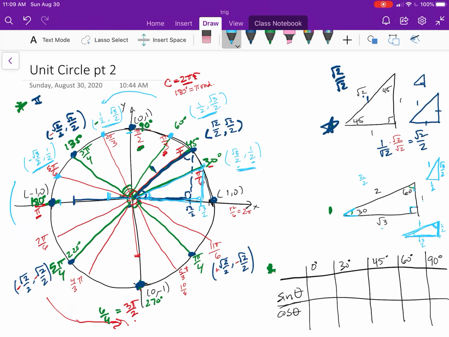Well, if I reflect over the x-axis, then what changes? The y value, right? I went from a positive 1/2 to a negative 1/2, but the x didn't change at all. Oh, I ran out of room there, but that is a point.